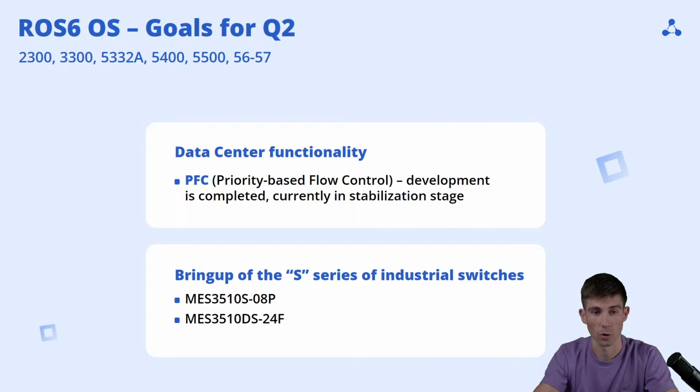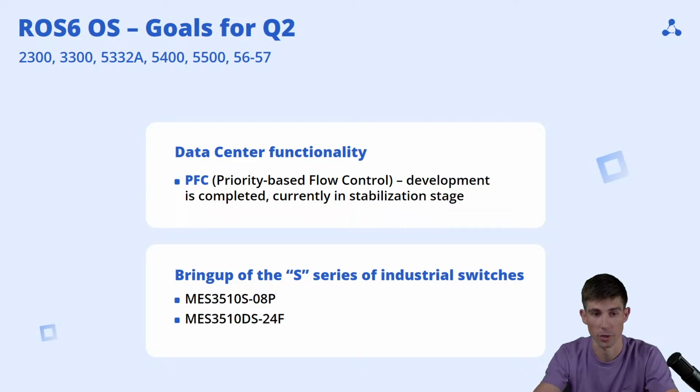Another significant goal for the second quarter was PFC, priority-based flow control. It is part of the data center functionality, and basically it is a way for the switch to avoid traffic congestion.